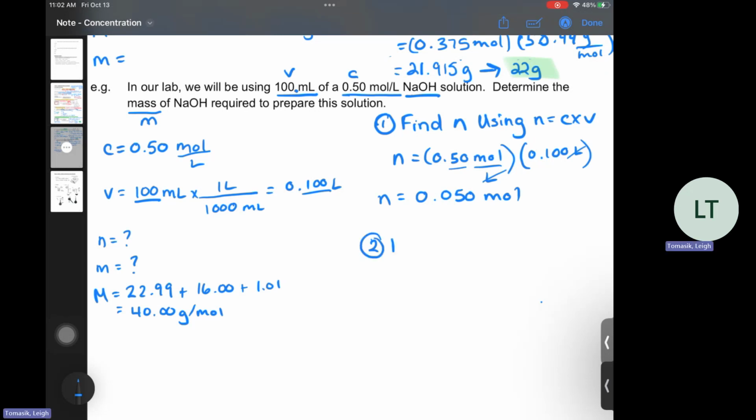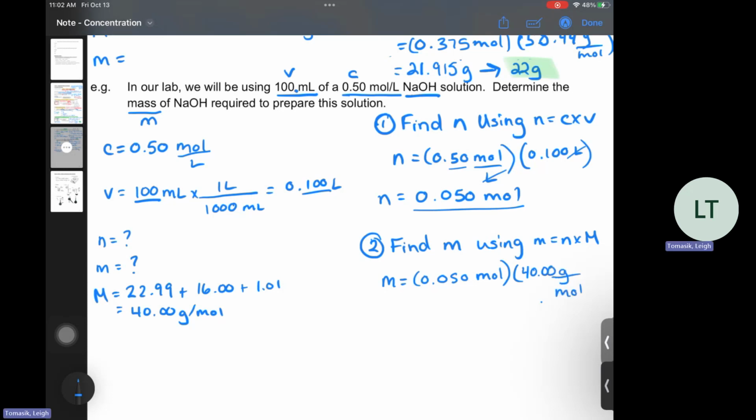Step 2, we're going to find the mass using m equals lowercase n times uppercase M. So m equals, right, we just found n, 0.050 moles times 40.00 grams per mole.